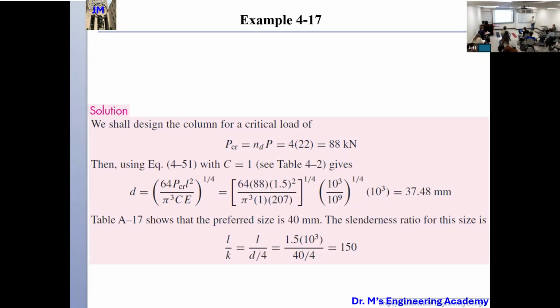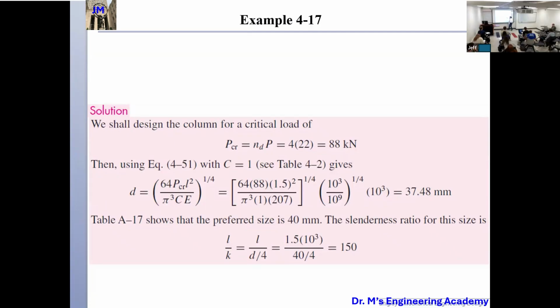Do you guys agree? So you can see Pascal, meter. Then I can use this factor and this factor in that equation. That's the reason I have 10 power 9 here and 10 power 3 here.